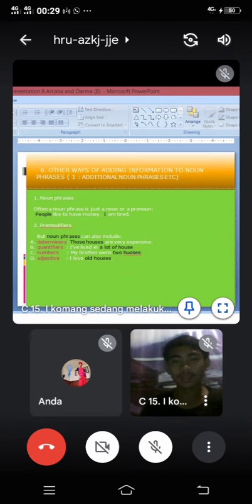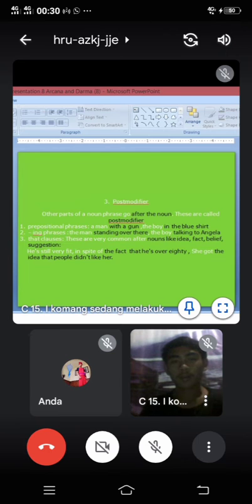Number: my brother owns 2 houses. The number is 2. Adjective: I love whole houses. The adjective is whole. Post-modifiers: other parts of a noun phrase go after the noun.